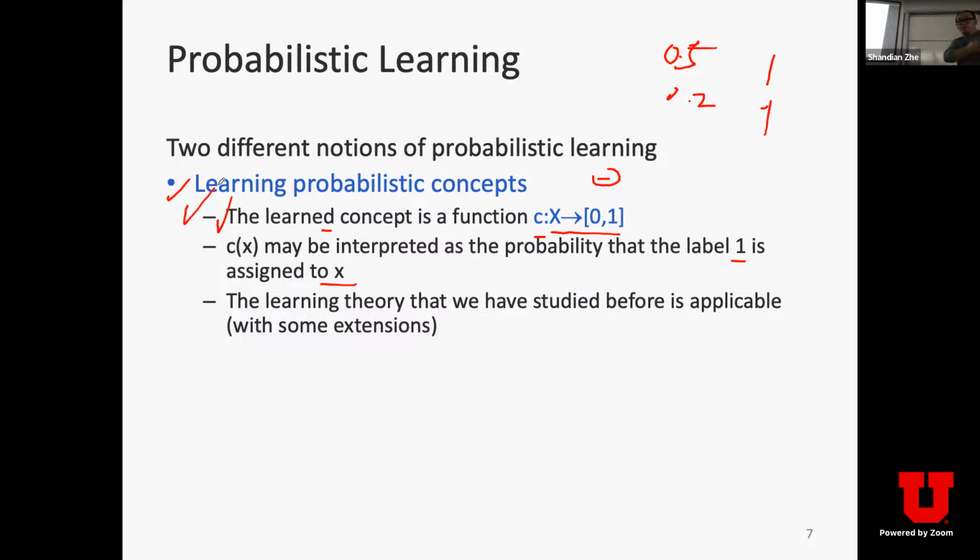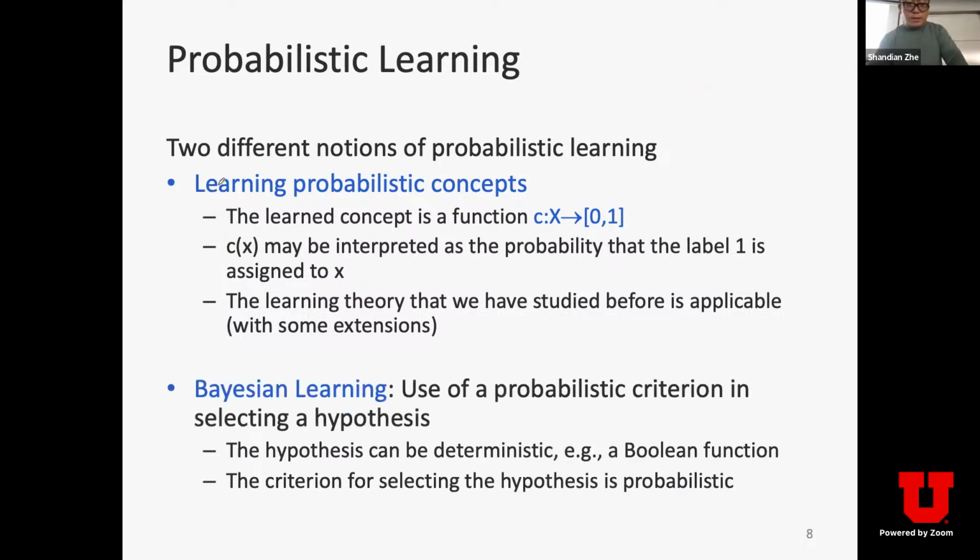Okay. So now let us talk about another notion of Bayesian learning, which is more general, in that it will talk about how we're going to do hypothesis search. We know that the general learning paradigm essentially is a searching procedure. You define a hypothesis space, which could be finite or infinite. You have to define some kind of laws to drive your search procedure and find the best hypothesis.